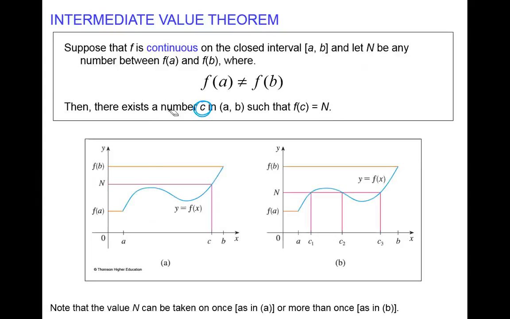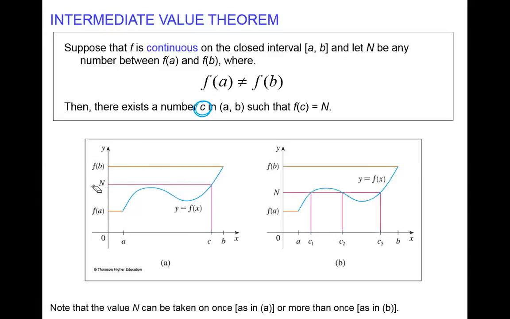Probably you can read this a few times, because we always have to read and digest every single word. But basically, what this means: if I have a continuous function and I pick a number, I think I can start this way.